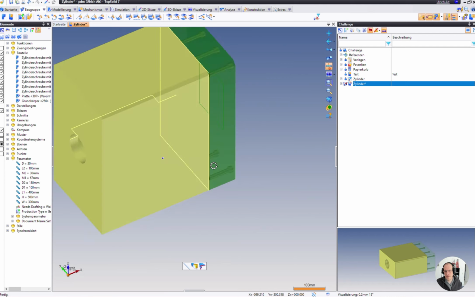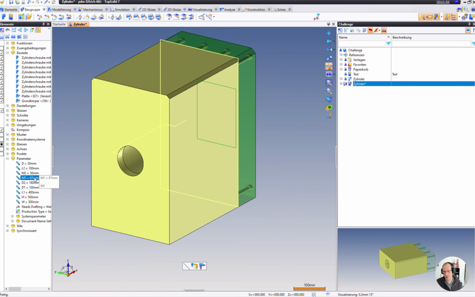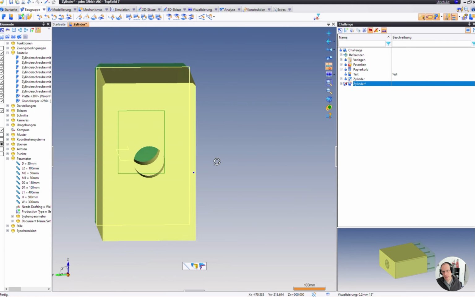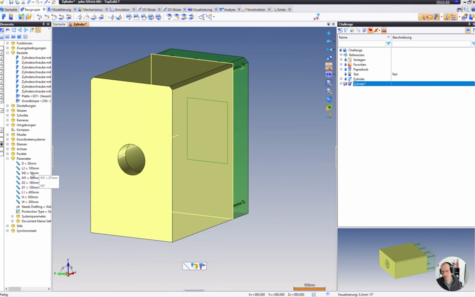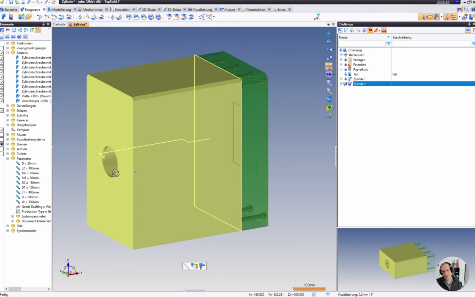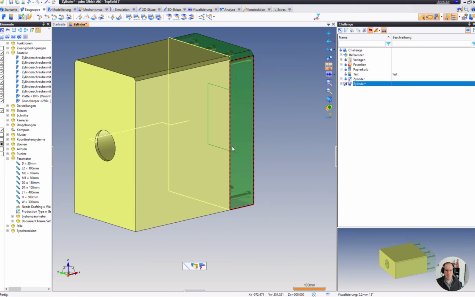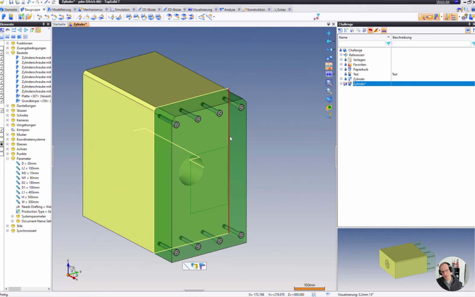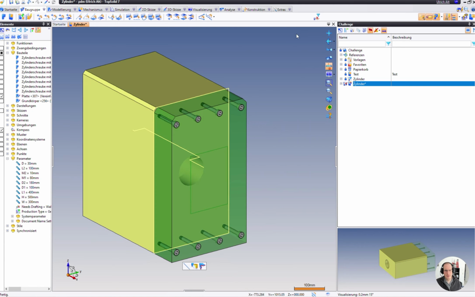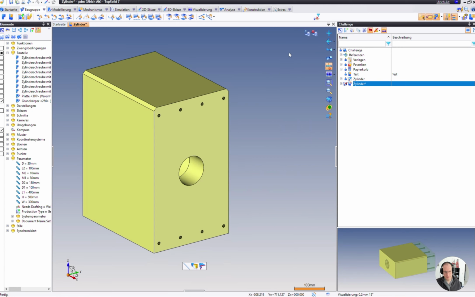So there is also some inside geometry here that we can change, the diameter of the screw of the hole here, etc., etc. So all of this can be changed, and of course the parts get the appropriate processes for the screws.